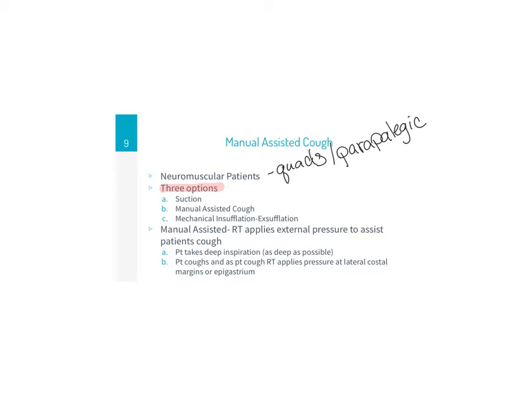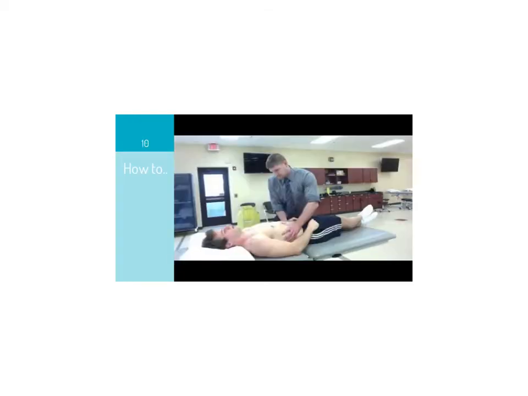And then the patient's going to try and generate a cough. While they still might have a cough, it may be very weak, which is why you need to help them. And then as they cough, you're going to apply pressure to the lateral costal margins. So right underneath their rib cage by their diaphragm, you're going to push it up towards them.